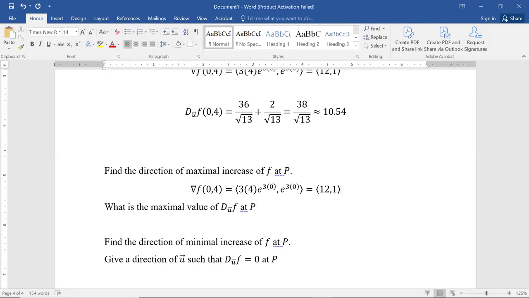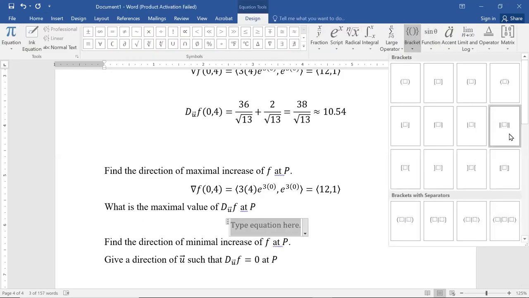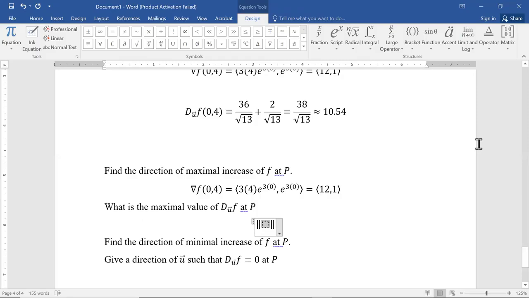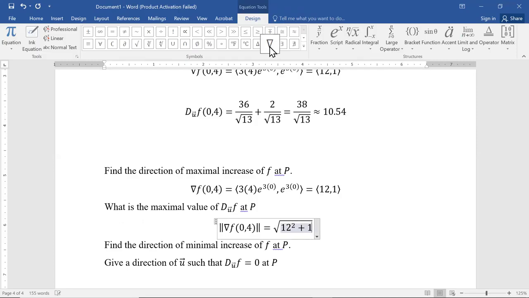The maximum value is just the magnitude of that gradient vector. So that's going to be the square root of 12 squared plus 1 squared, which gives the square root of 145.